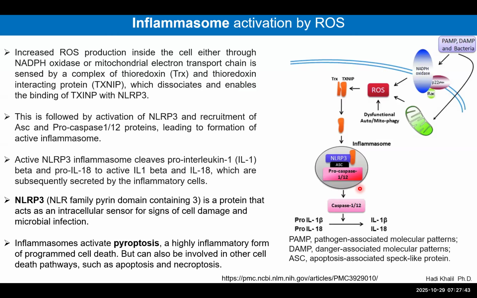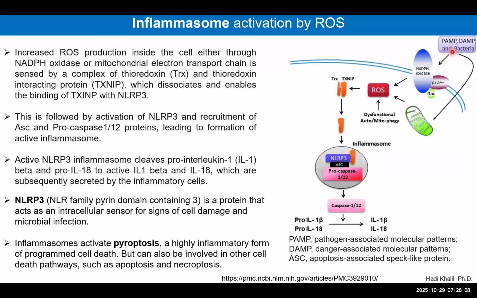Okay. So as described in the previous slide, we have a trigger, which is the pathogen-associated molecular pattern, probably a toxin or a bacteria, or the DAMPs, which are generated from protein adducts.